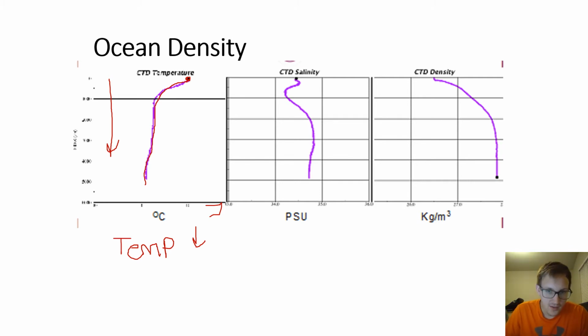Okay, notice that also the salinity goes up. So we have this weird kind of curve here, but then we hit this depth again and we start to get more and more salty. And then it kind of evens out as you go down even further. But either way, the important thing is that the salt goes up.